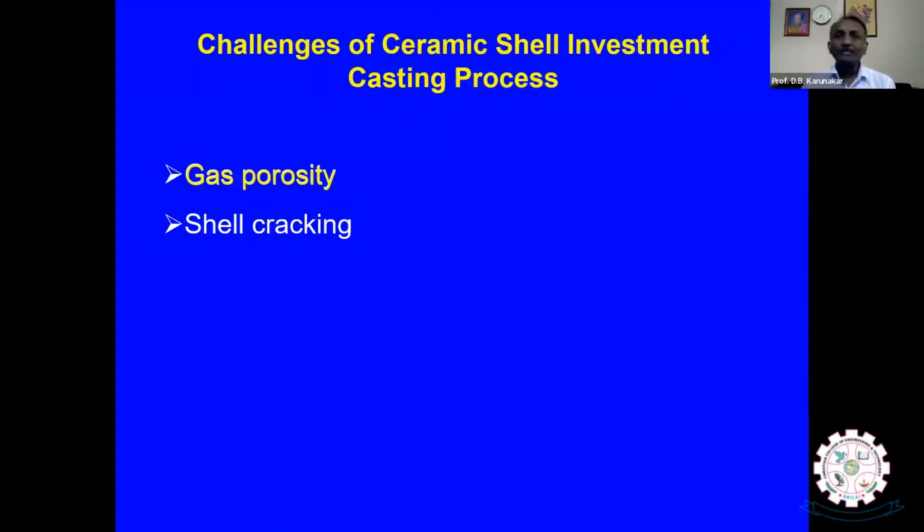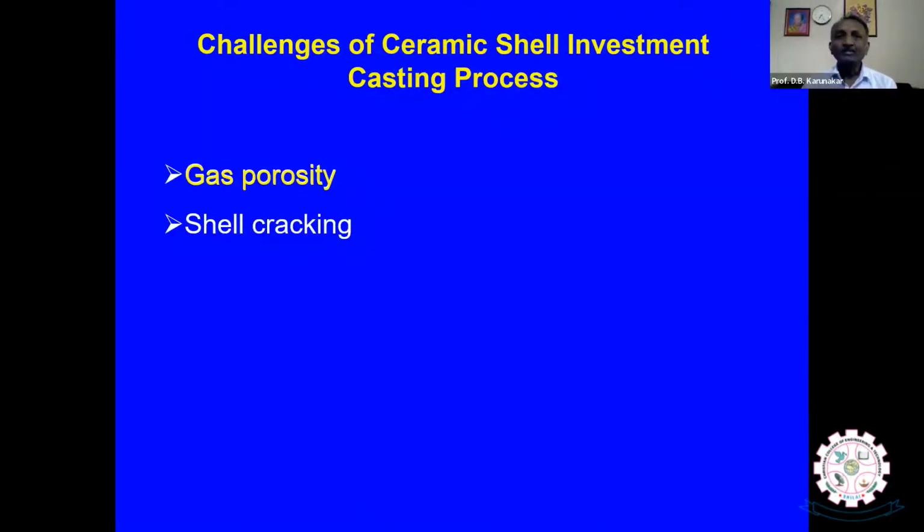For medium-sized components, people go for the plaster mold investment casting process. The third one is outdated. The fourth one is the ceramic shell investment casting process, used for making medium and also large-scale investment castings.